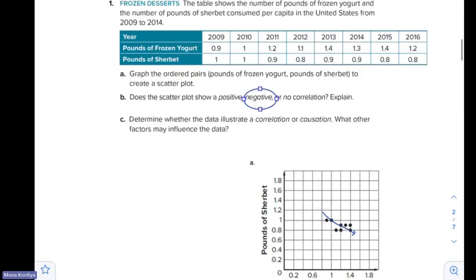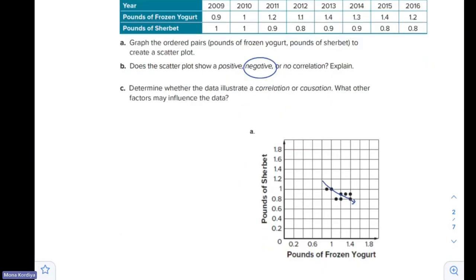Okay, we have negative correlation, but the most important part is to check whether selling frozen yogurts affects selling sherbet. Actually, to be honest, I cannot see that it's a strong cause and effect relation, but it might be. It might be a causation.